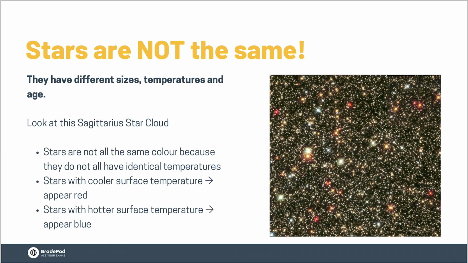They're not the same because they have different temperatures. So stars with a reddish colour, as you can see there, they are cooler than stars with a bluish colour. Some of the blue stars there as well. So if you have a cool star, it appears red. And if you have a hot star, it appears blue.